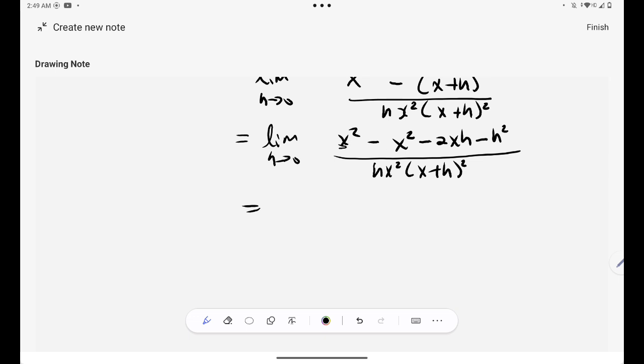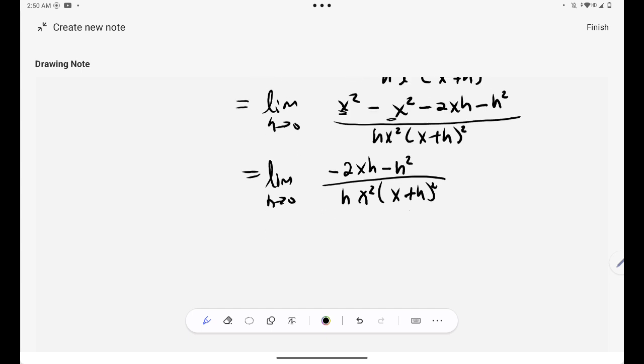The two x squareds will cancel one another. I'll be left with negative 2xh minus h squared, divided by h times x squared times (x plus h) squared.